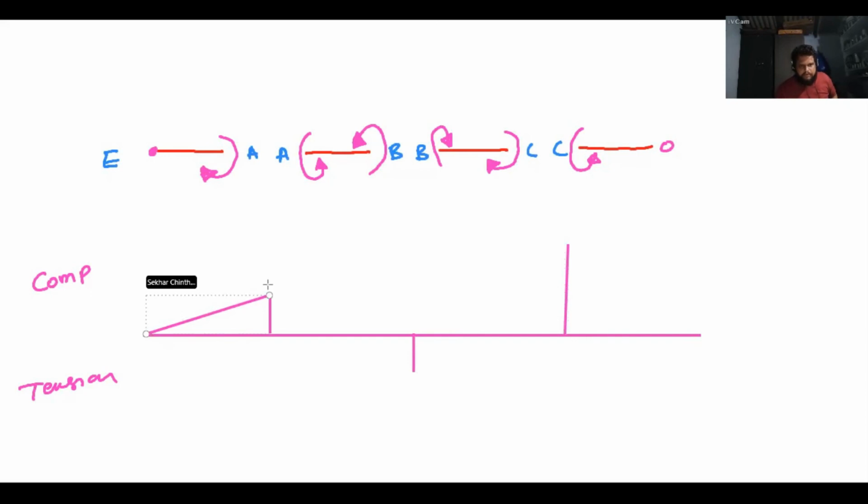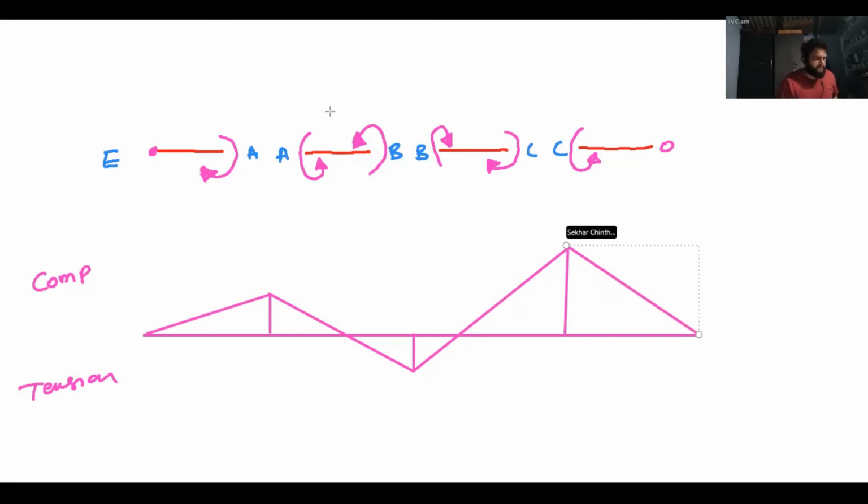From here to here, again from here to here, again from there to there, and here to here again. Next from here to 0.